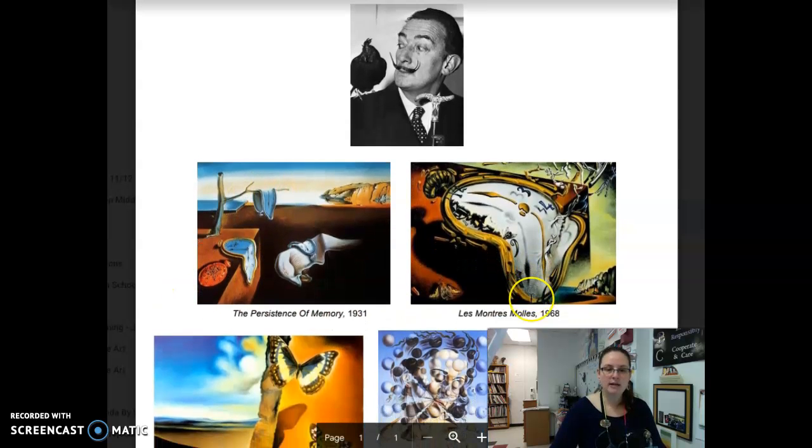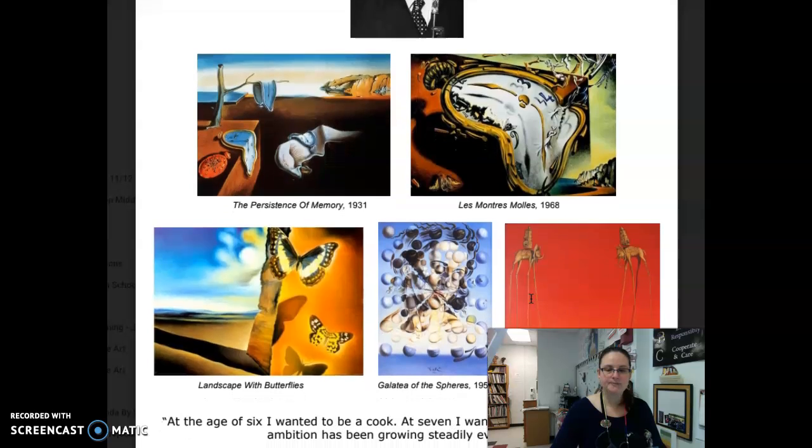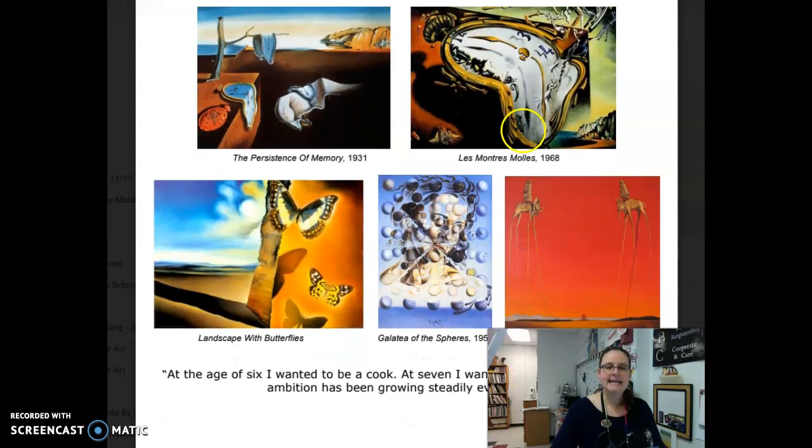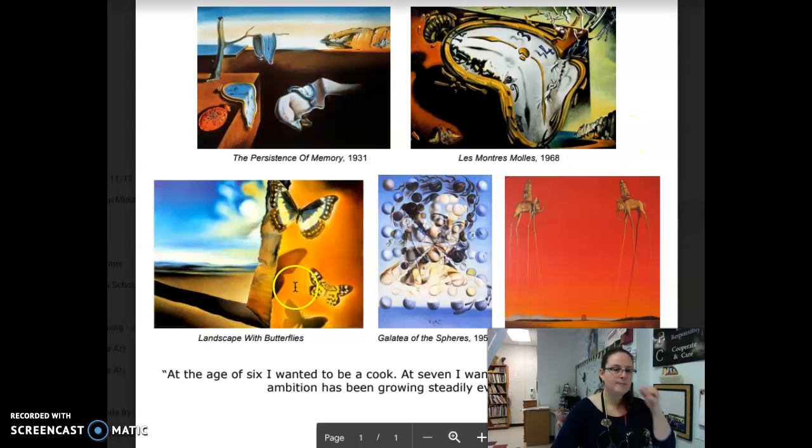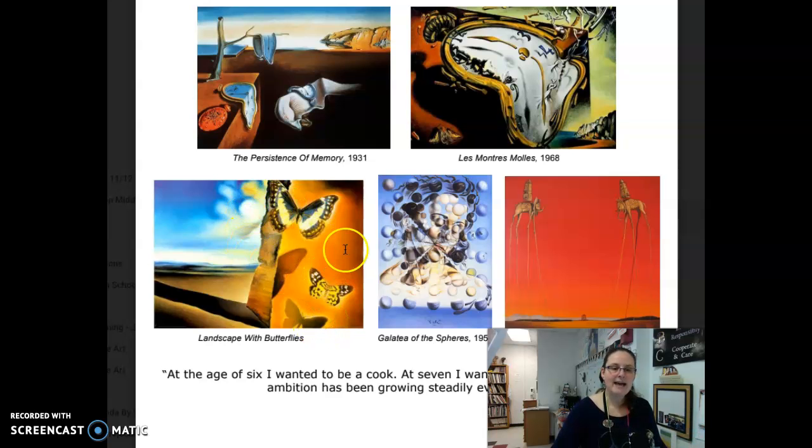And when you look at his pieces here, you can see that he has taken recognizable things, but either organized them or distorted them in a way that you haven't seen before. For example, right down here, besides the clocks, looking at the butterflies and how the butterflies are glowing, but they're also weirdly casting a shadow here, which is very strange.